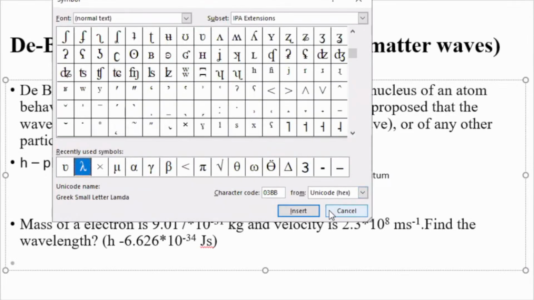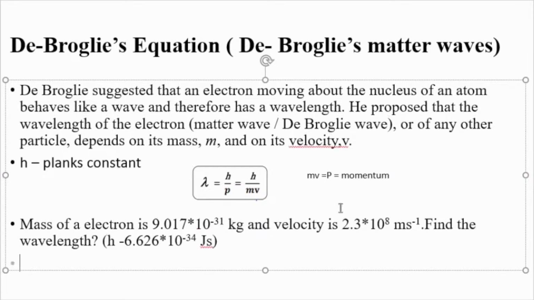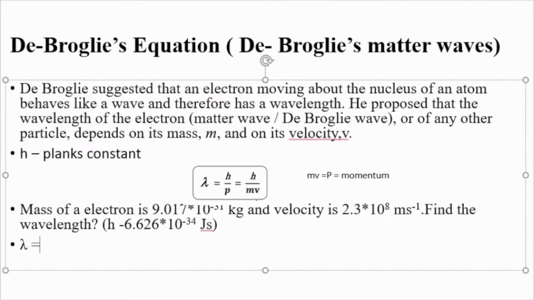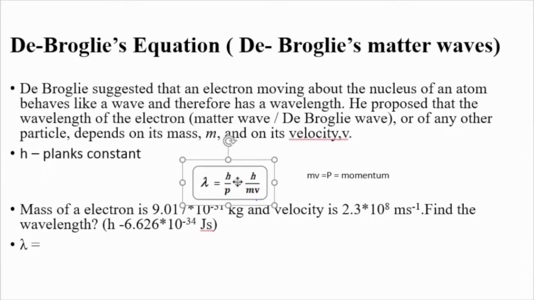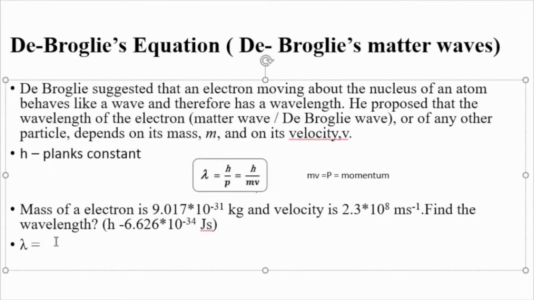So lambda is equal to h over mv. That is the equation.